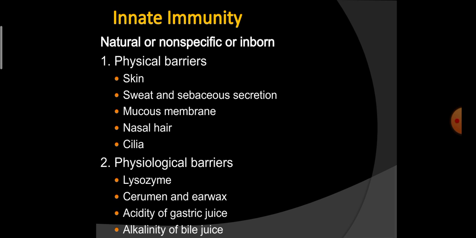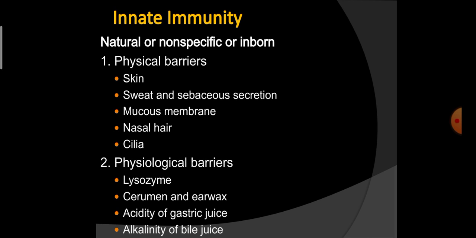Then cerumen or earwax. So earwax is a sticky substance produced in the ear which prevents any kind of pathogens from entering into the internal layers of the ear. Okay, so it traps these pathogens.